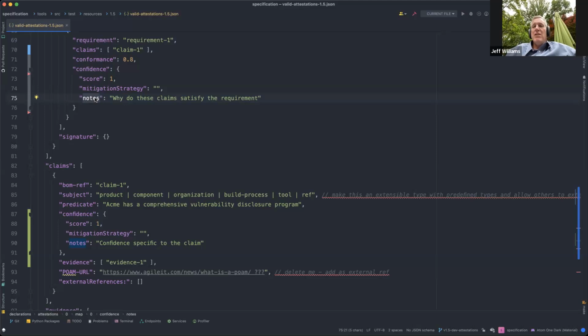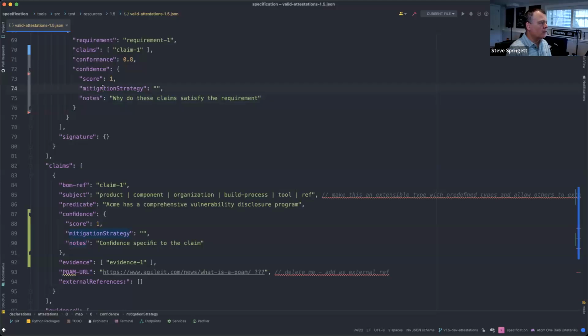No, that's the notes field. We can change the name of notes to something else, like rationale. Yeah, exactly. But if I don't meet it, what am I going to do about it, and when am I going to do it? That's the mitigation strategy.